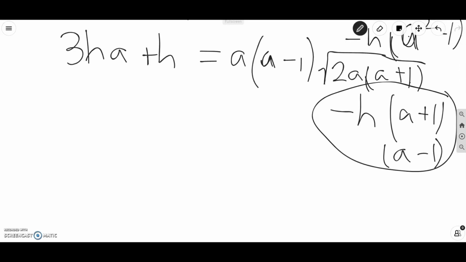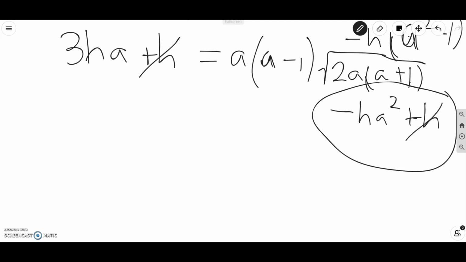So if we expand this out, let me leave this in expanded form. This was minus h times a squared minus 1, so it's going to be minus h a squared plus h. And nicely, this plus h cancels with the plus h on the left-hand side. And we can, moreover, move the minus h a squared back to the left-hand side and factor out an a. And this is where things really start to collapse.